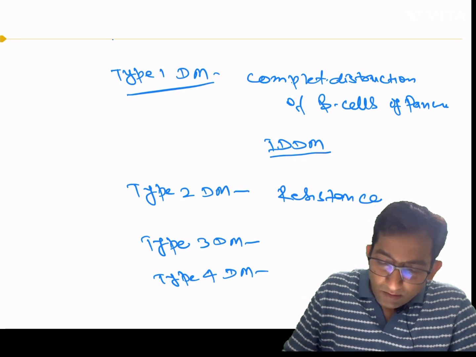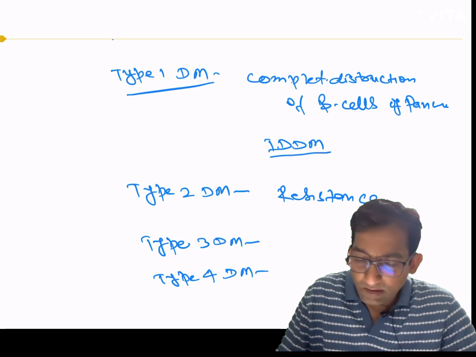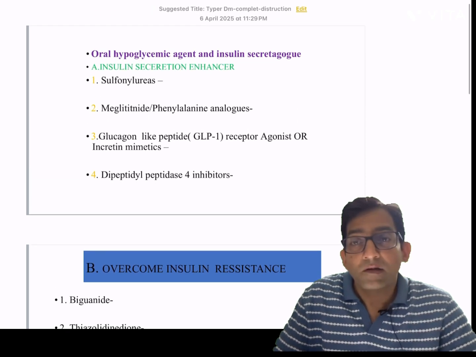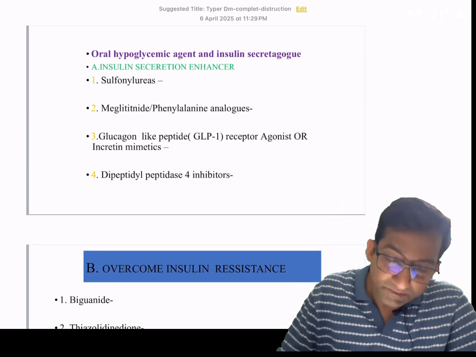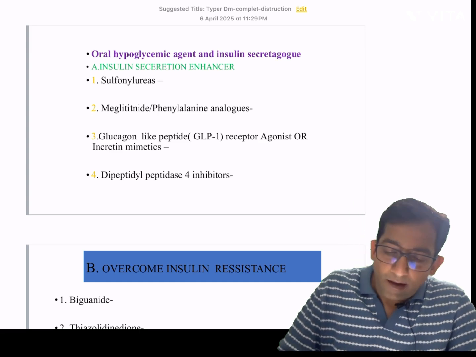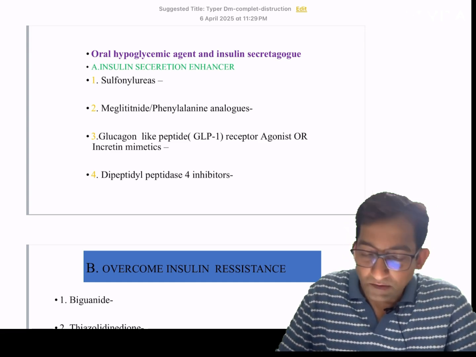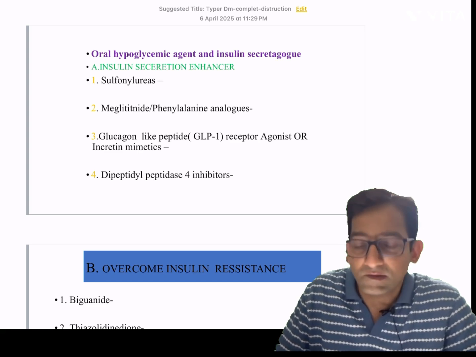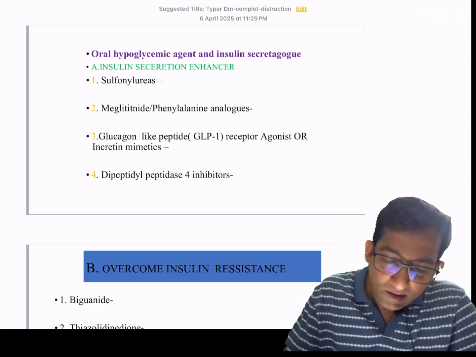So, the drugs we use in case of type 2 diabetes mellitus are called oral hypoglycemic agents and insulin secretagogues. Today we will discuss oral hypoglycemic agents. What do we mean by oral hypoglycemic agents?